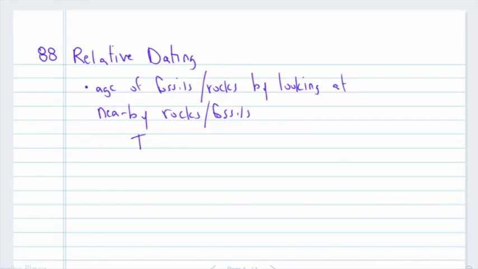That's what makes it relative, okay? Relative. Now, later on, we're going to talk about absolute dating, which is where you find out using radioactivity. But for now, they're just going to compare. And the way we compare is by using index fossils. I'm going to talk about what index fossils are in just a minute.